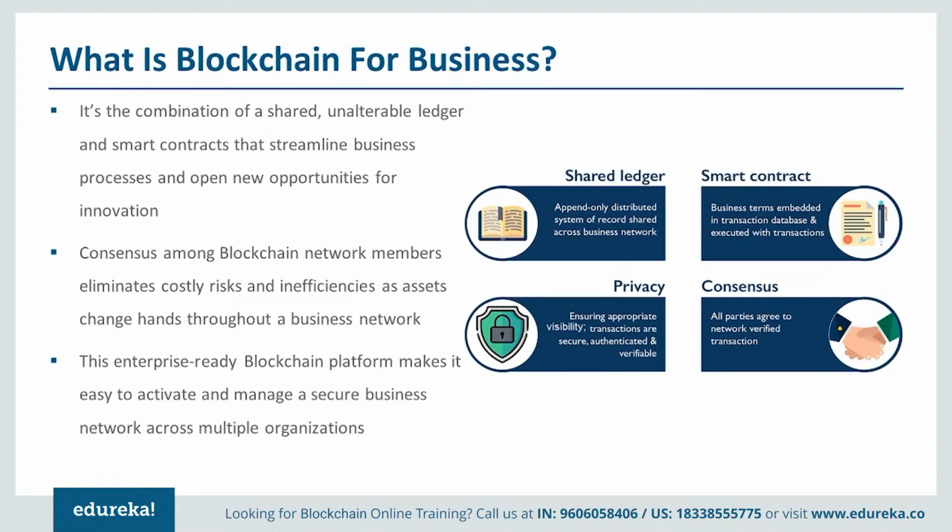There are different kinds of consensus algorithms that are being used in Hyperledger Fabric. Now, what is Hyperledger? Hyperledger is a product coming from the Linux Foundation. Linux Foundation is one of the biggest bodies in the world which promotes open source products, and Hyperledger is one of their projects for creating a permissioned or private blockchain.